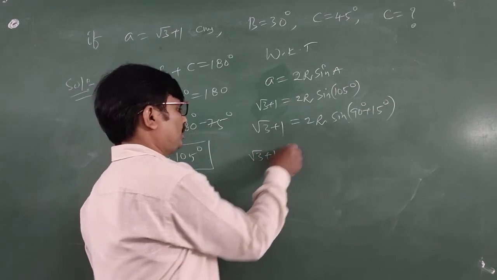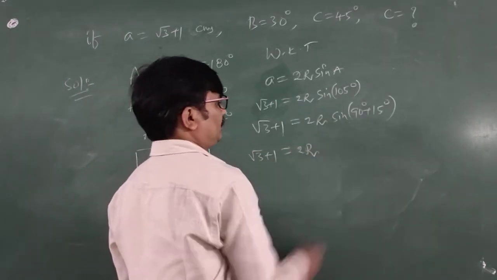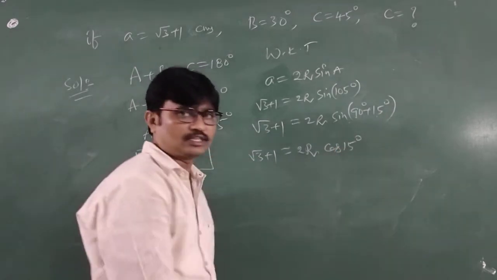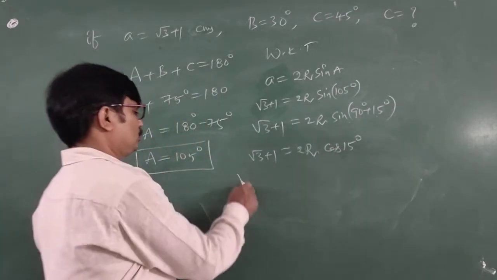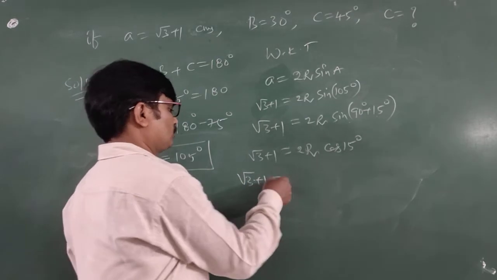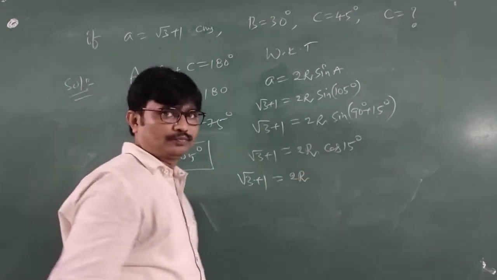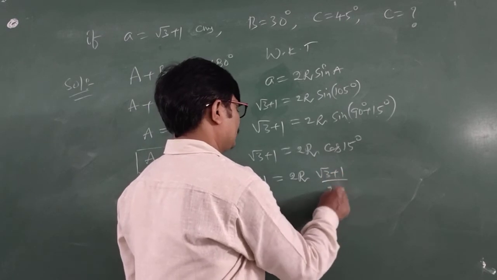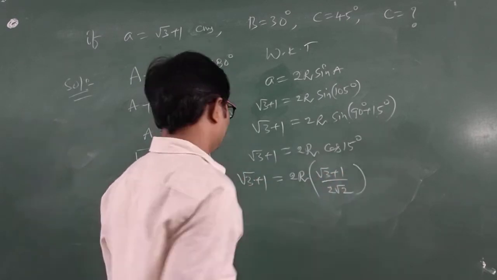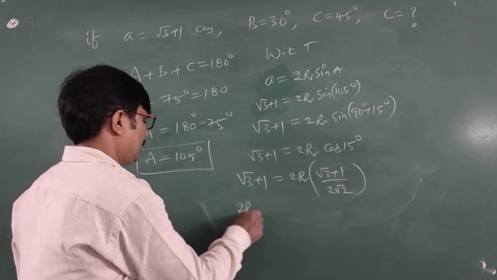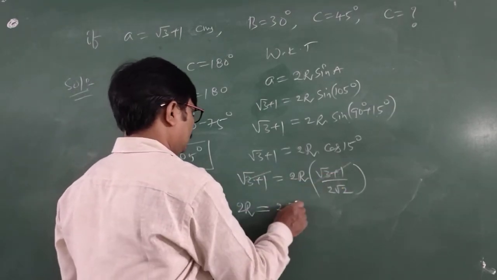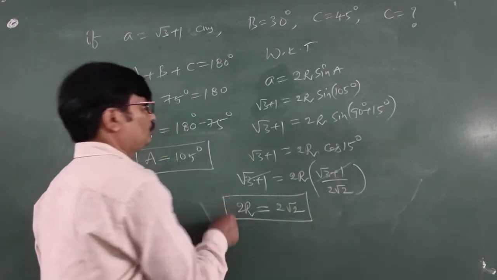So root 3 plus 1 equals 2R into sin(90 plus theta), which is cos theta, that is cos 15 degrees. So root 3 plus 1 equals 2R into the value of cos 15, which is root 3 plus 1 by 2 root 2. Now students, root 3 plus 1 cancels, and the value of 2R is 2 root 2.